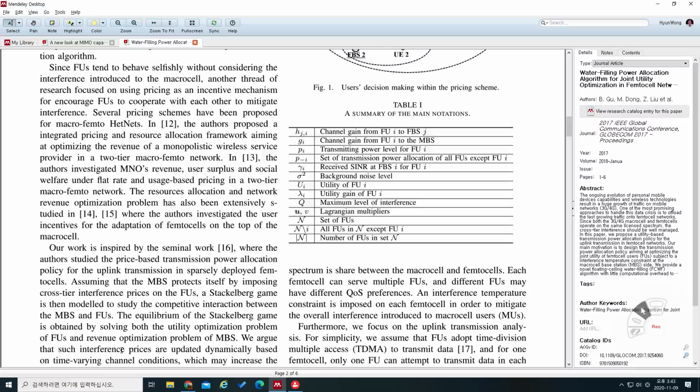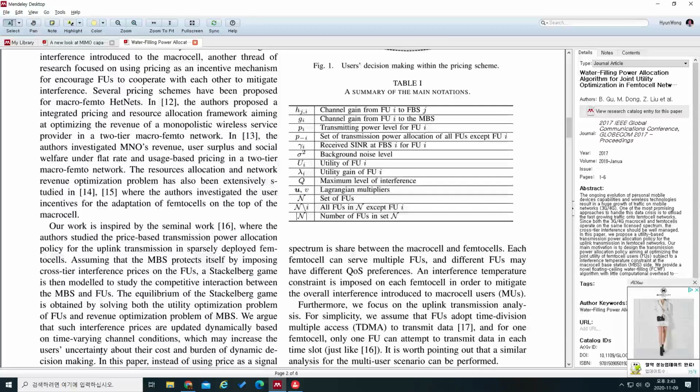We argue that such interference prices are updated dynamically based on time-varying channel conditions, which may increase the users' uncertainty about their cost and the burden of dynamic decision making.